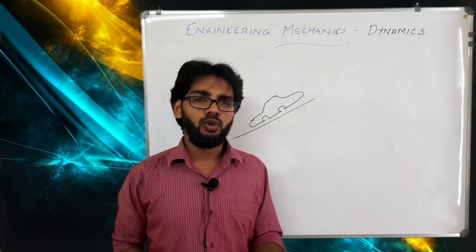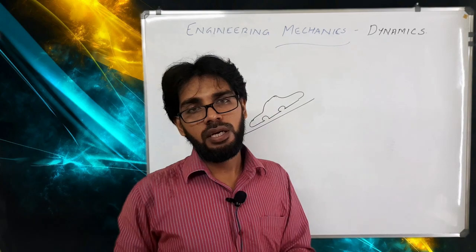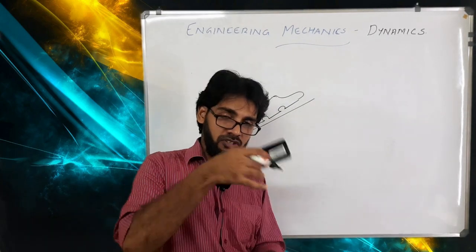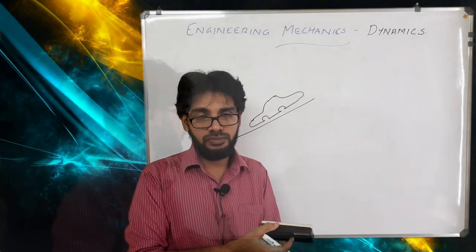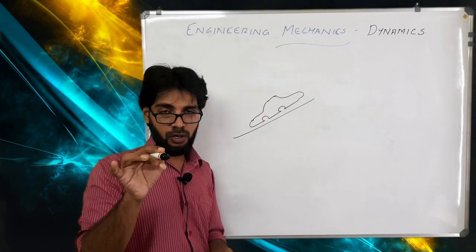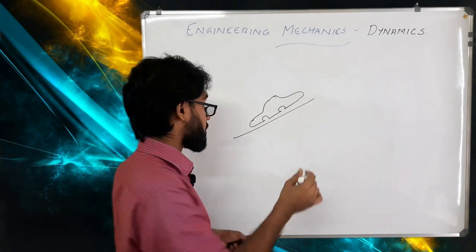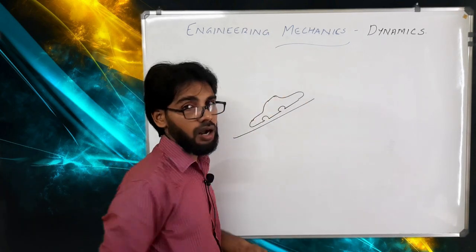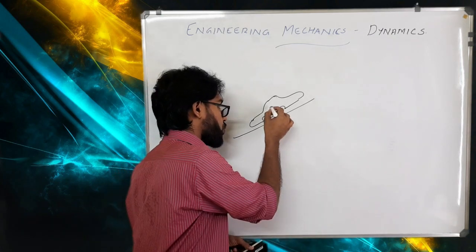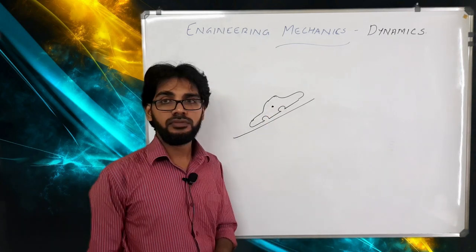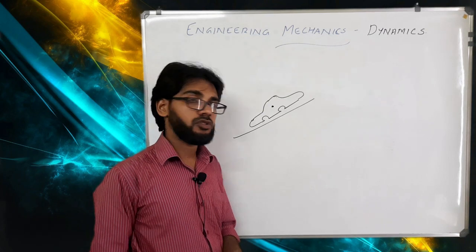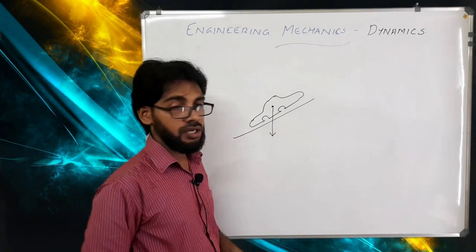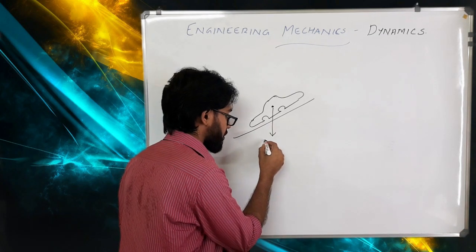To make this problem simple, I have to consider some approximations. What is the first approximation that I take into account? I assume that the mass of the entire car is concentrated at one single point. So you have the corresponding weight acting at that point.